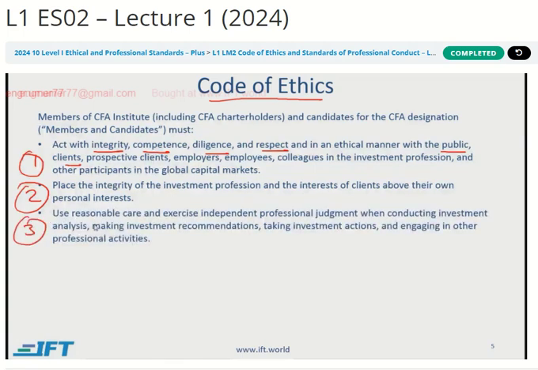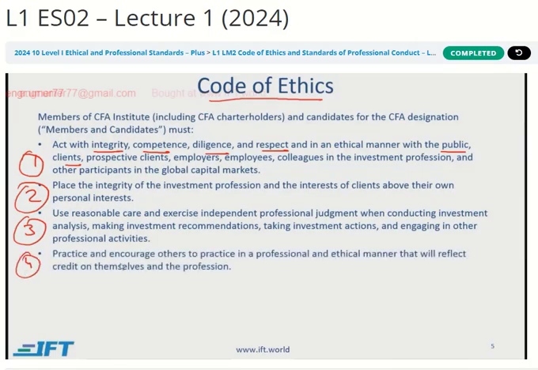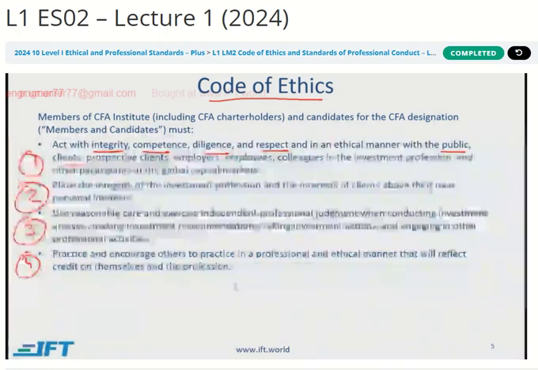Number 3: use reasonable care and exercise independent professional judgment when conducting investment analysis, making investment recommendations, taking investment actions, and engaging in other professional activities. Number 4: practice and encourage others to practice in a professional and ethical manner that will reflect credit on themselves and the profession.